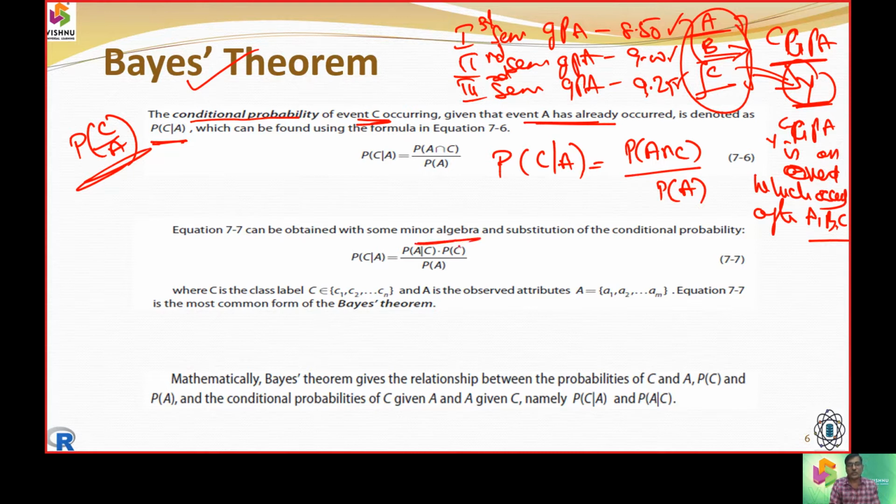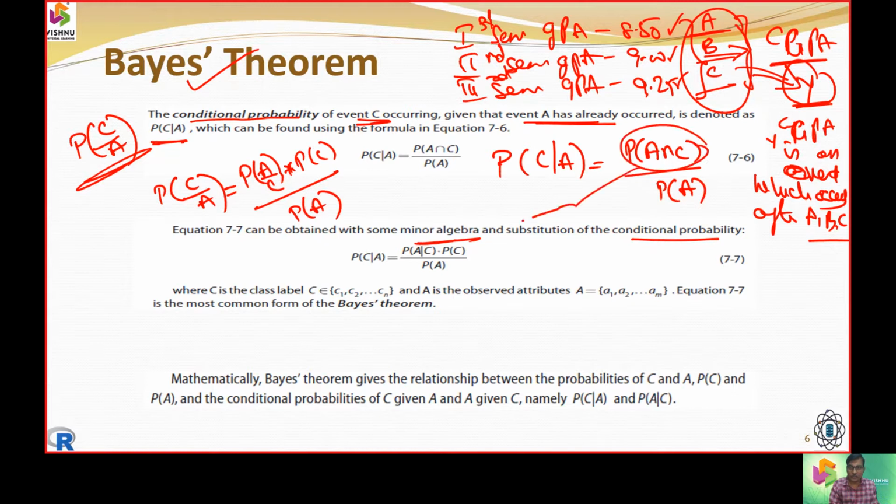The Bayesian form is now representing the conditional probability in an algebraic format, and the final value of Bayes is the probability of C given A, which will be the probability of A given C into the probability of C, divided by the probability of A. So we just used algebra to get P(A|C) into P(C).